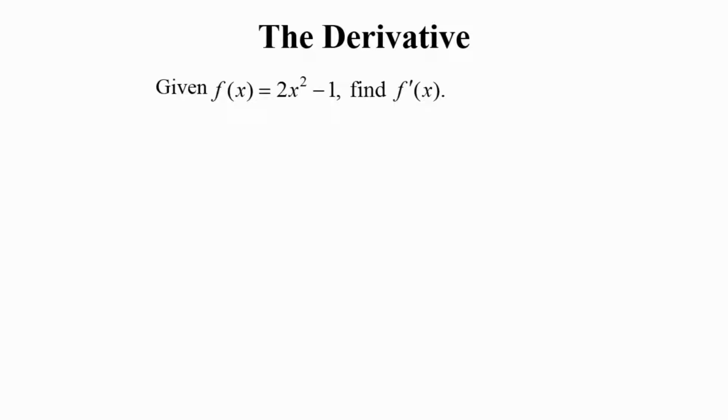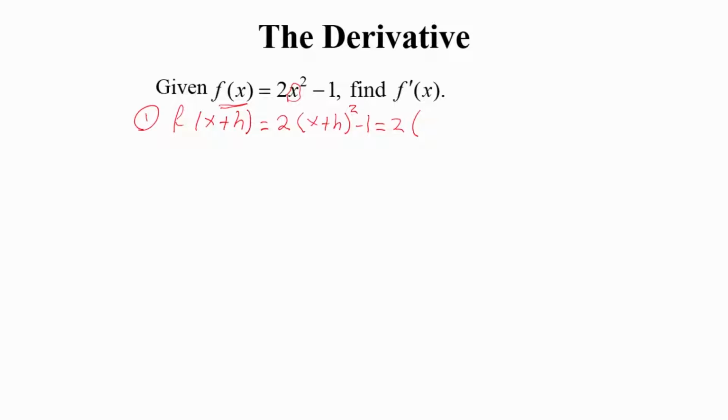Find f prime of x. Here's f of x, and you want to find f prime. So what was the first step? Step number 1, find f of x plus h. That means in place of x, you put x plus h. So it would be 2 times x plus h squared minus 1. Now expand x plus h squared.